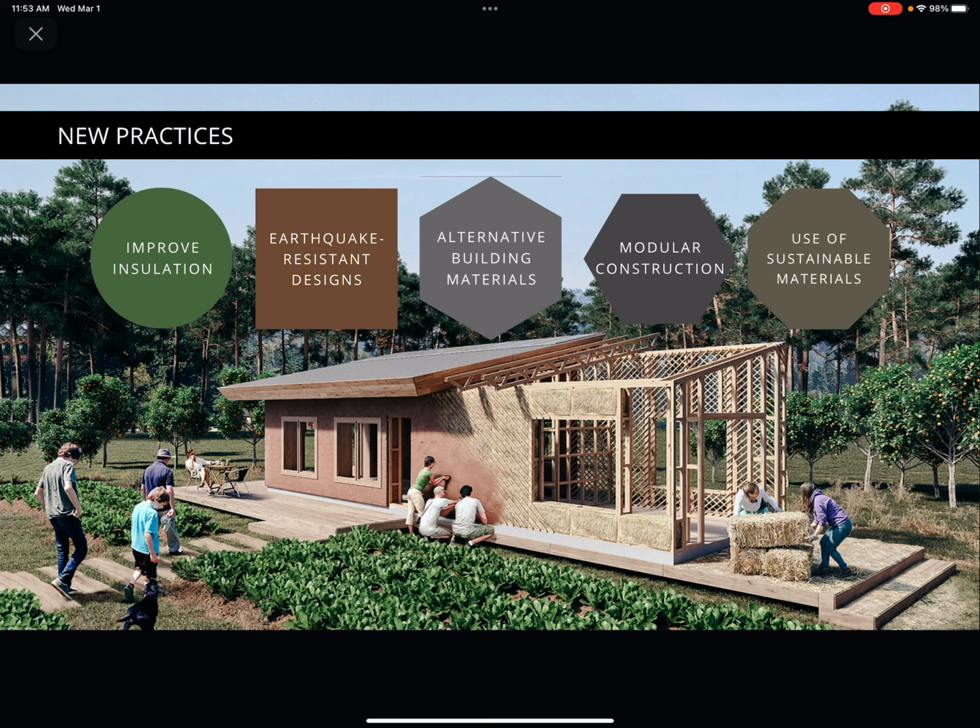Then alternative building materials, the same: they are using, for example, concrete instead of wood, or some structure that helps the design in general. Then the modular construction: now they are using modular or prefabricated partitions made of this system. And obviously, again, the use of sustainable materials.